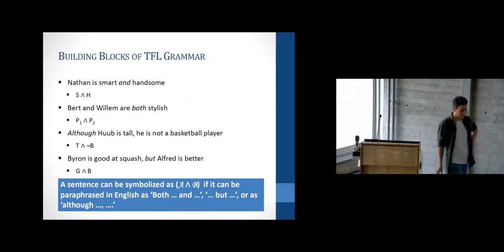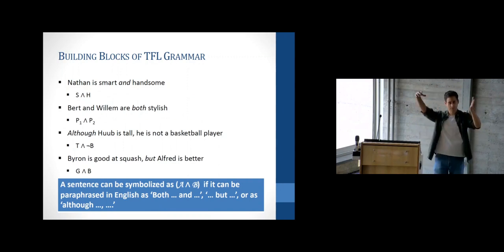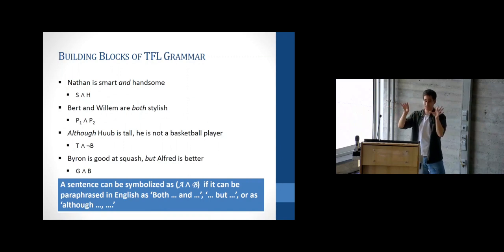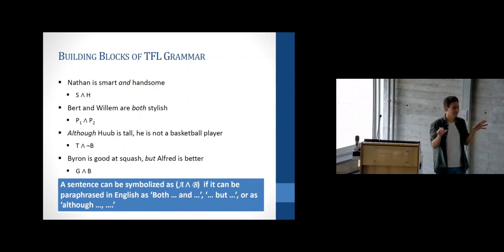Good question. Each one of them you use differently in English because they have extra meaning beyond just this is true and this is true. They usually indicate some kind of contrast. But an important point to understand is that when you move from English to true functional logic, you lose a lot of the subtleties of English or other natural languages, and you stay with the bare bones.